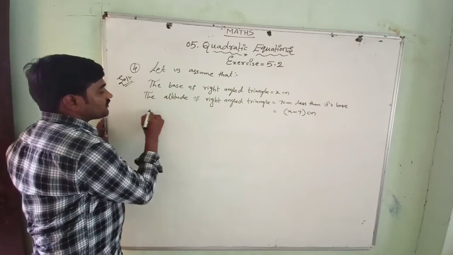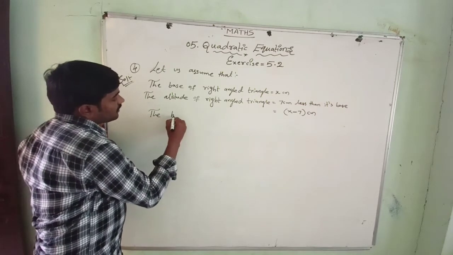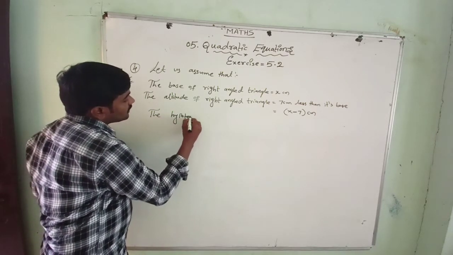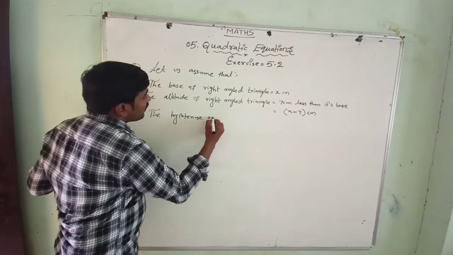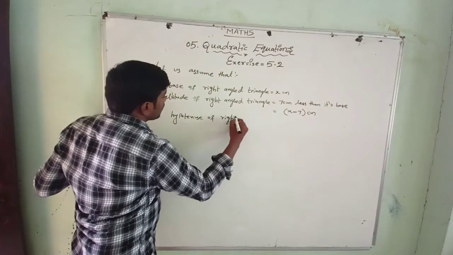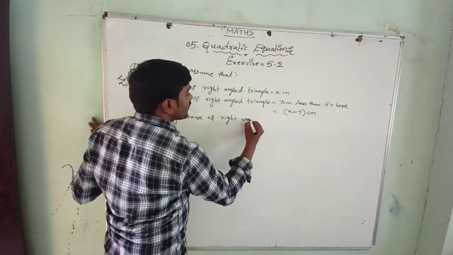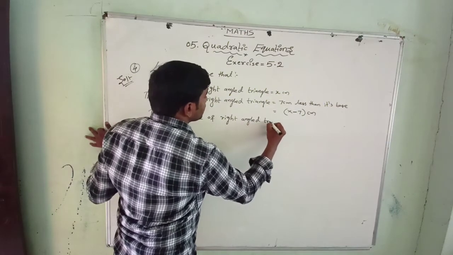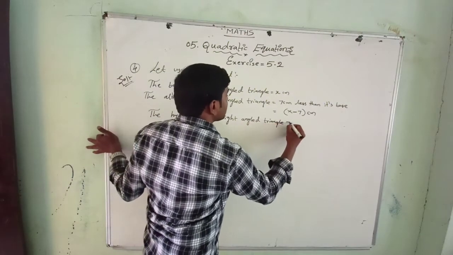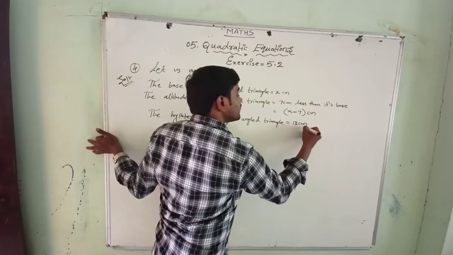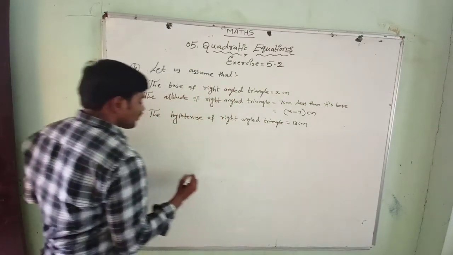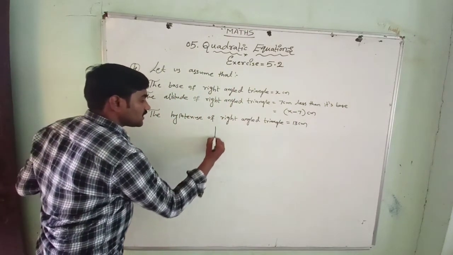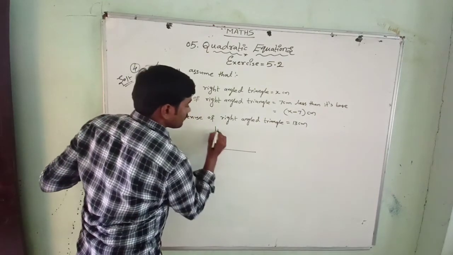The hypotenuse of the right angled triangle is 13 centimeter. Simple. Now let me draw a diagram here to understand clearly.